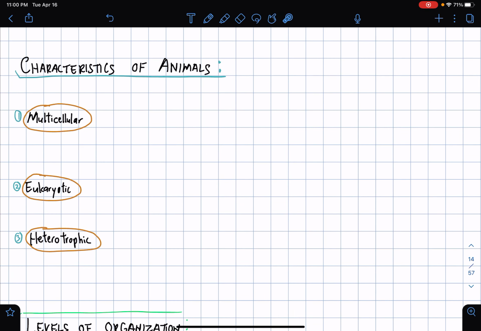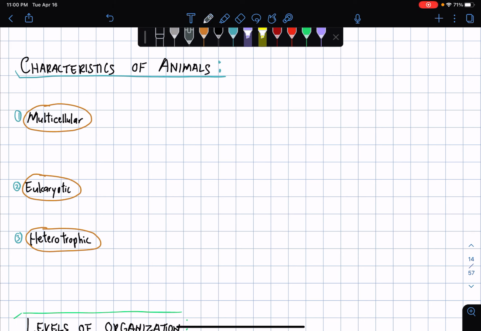We have 3 characteristics for animals. They are all multicellular. That means they are composed of more than a single cell. They're not like protists or bacteria that are unicellular organisms. They are eukaryotic and they are heterotrophic. What is meant by hetero is it's able to get its food in 2 ways.